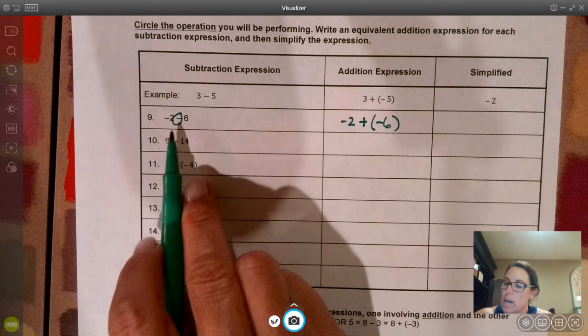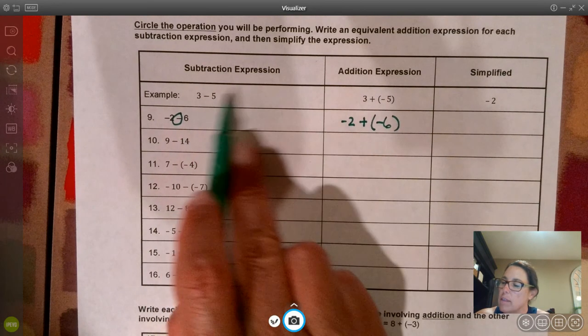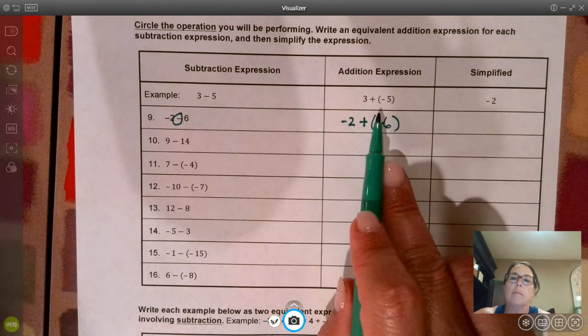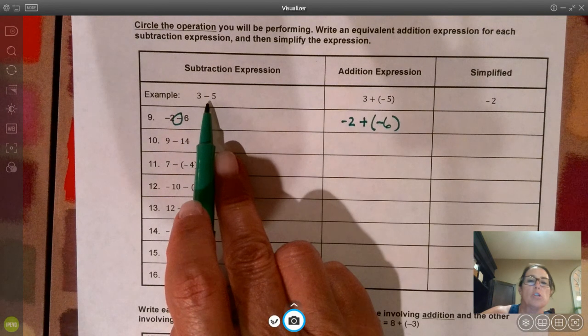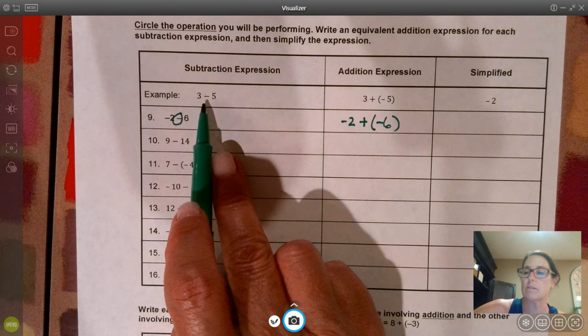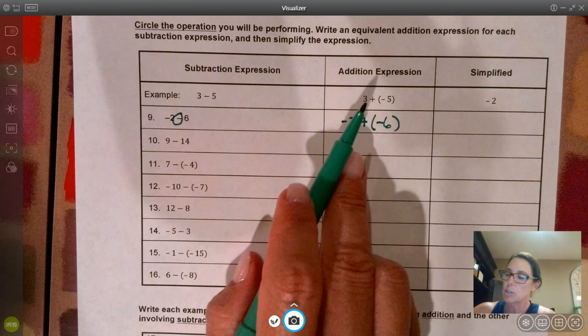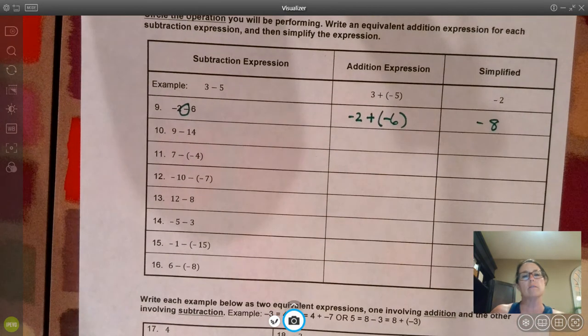Now whatever problem you do, just like up here, the answer is negative 2. I bet most of you prefer seeing this expression and not this expression. But it's very important to understand they both have an answer of negative 2. Just like this one. Both of them have an answer of negative 8.